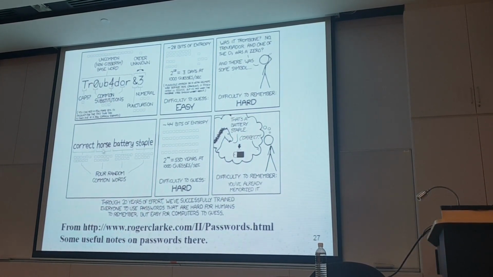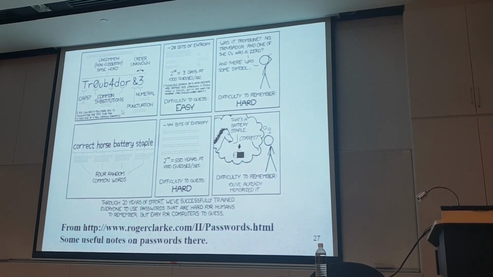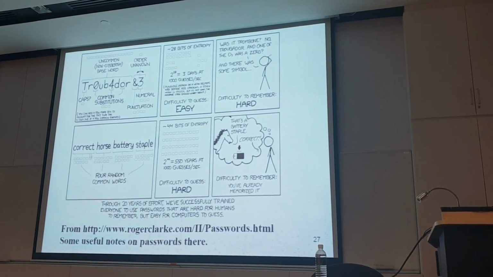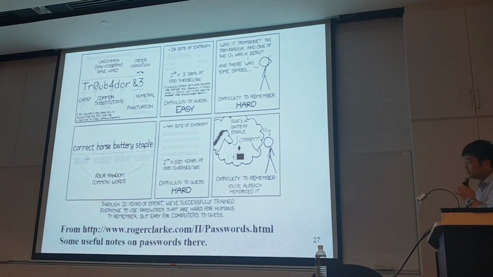So if you have 4 random words, seemingly unrelated, then in this case, such a password actually has higher entropy than such a strong password. You can measure it depending on how many possible English words you can have.